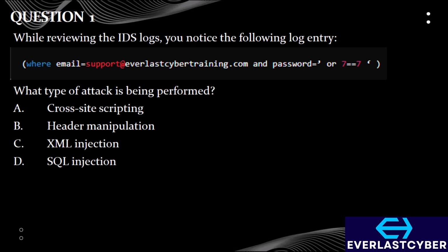Header manipulation involves altering the HTTP headers to exploit vulnerabilities in a web application. XML injection involves the insertion of malicious XML content into an XML parser, and this does not appear to be the case here. So we'll be going with option D, SQL injection.